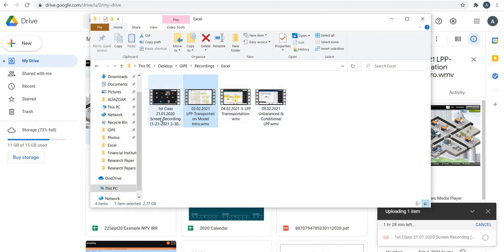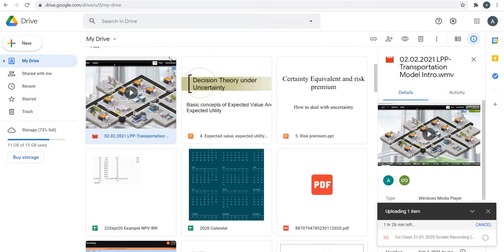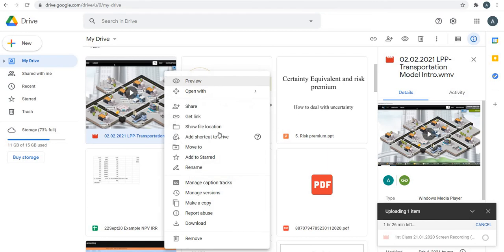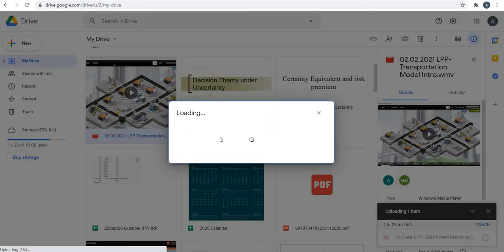Okay. Yellow color is a given LPP. A given LPP is called a primal LPP.